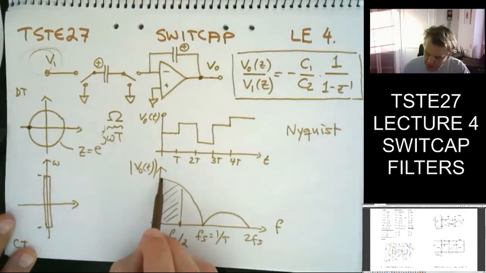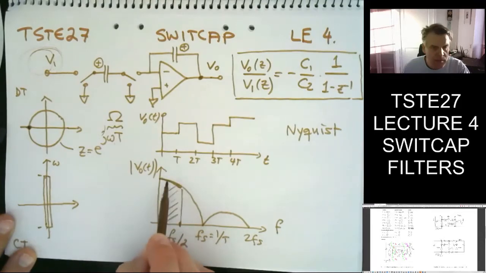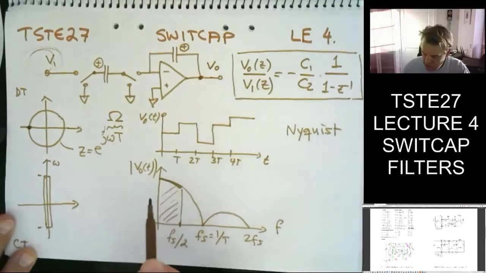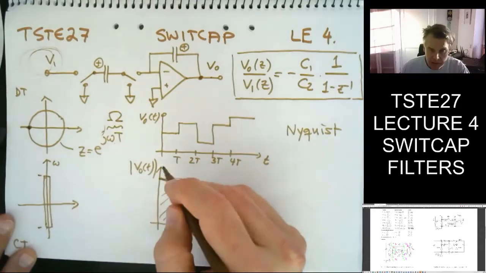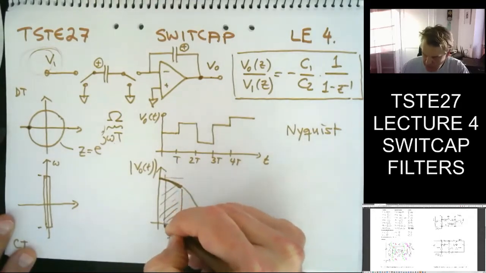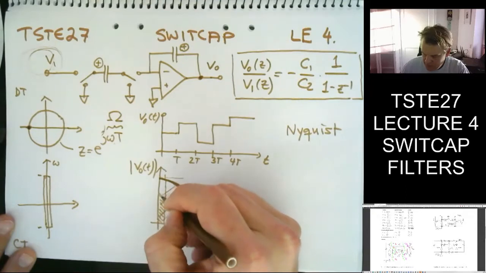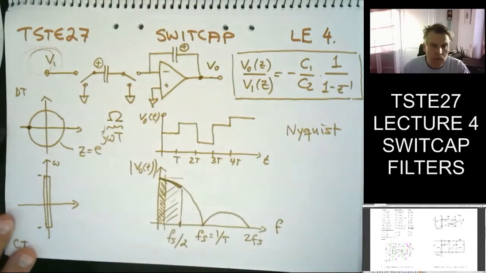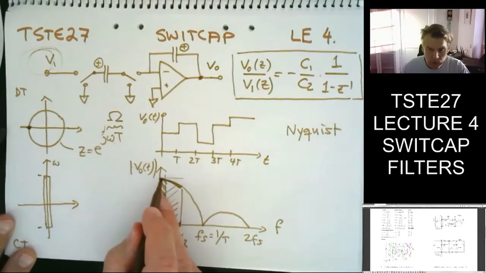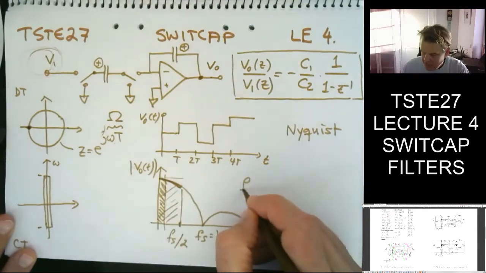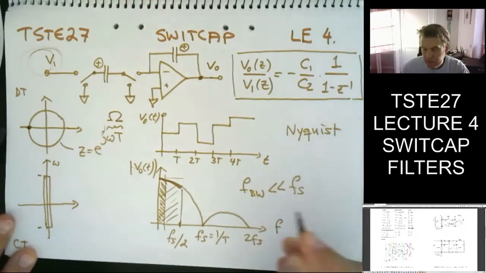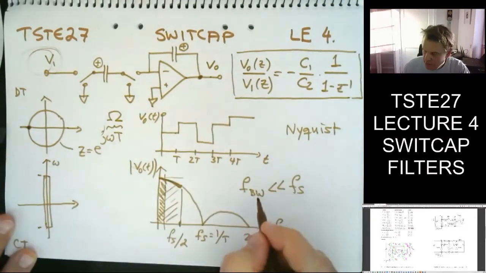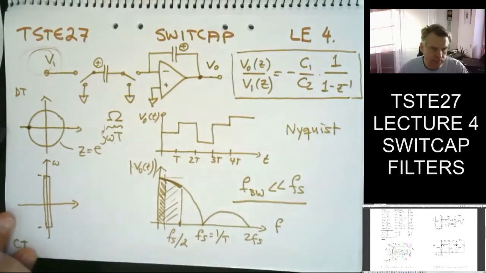But I also have to take into consideration that something is happening with the spectrum here. I lose some dBs. I actually sort of distort my signal. So for that sake of argument, we typically said that we want to limit ourselves to an even narrower band here, where the signal is not distorted that much. So typically we have that f bandwidth must be much, much less than the sample frequency. So not only Nyquist, but also this.